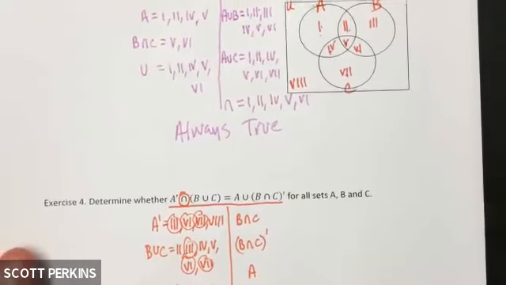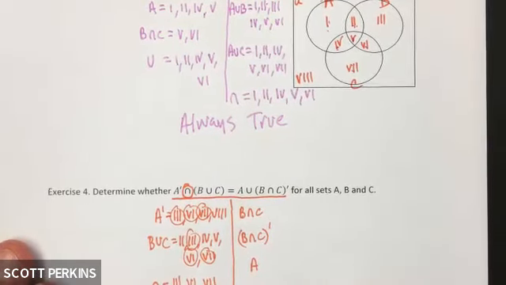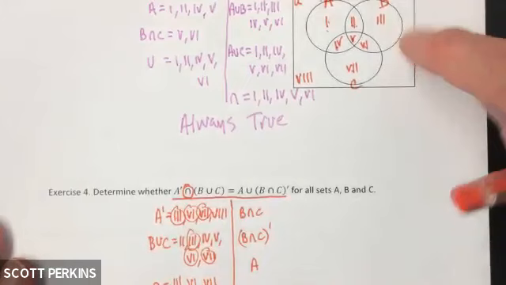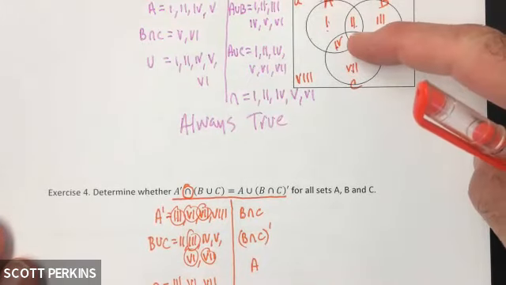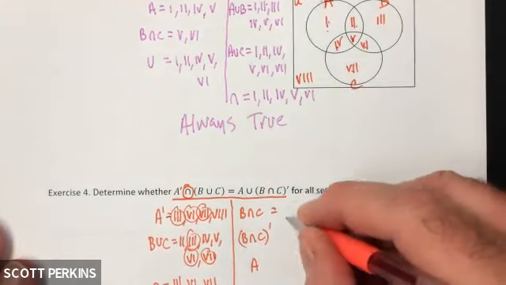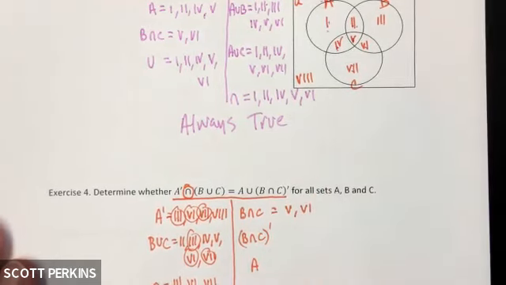Now, on the other side, we start with B intersect C complement. Now, if you can do this all in one step, I know many of you, if not all of you, can say, oh, B intersect C is here, and you can cover it up, and the complement is just what's left. But if you can't do that, then B intersect C is 5 and 6.